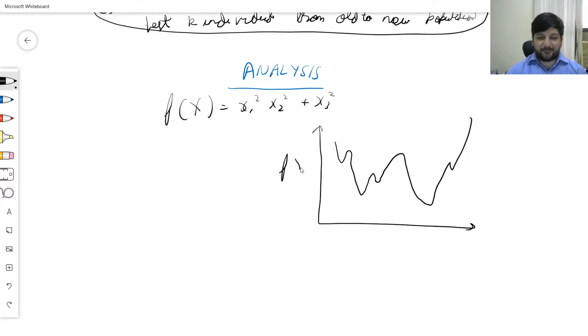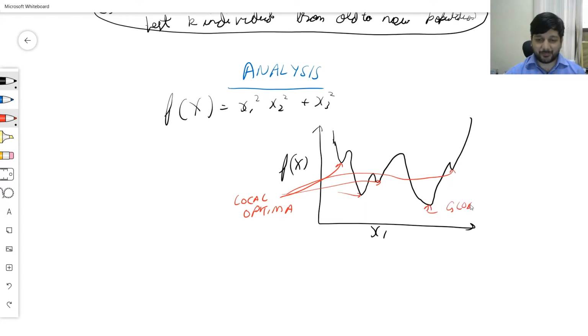So that's f(x), and this is x1, and I'm assuming that it's one dimensional. And over here, this is what's called a local optima. I've drawn it for the minimization problem, so it's actually a cost function. And this is the global minima or the global optima.